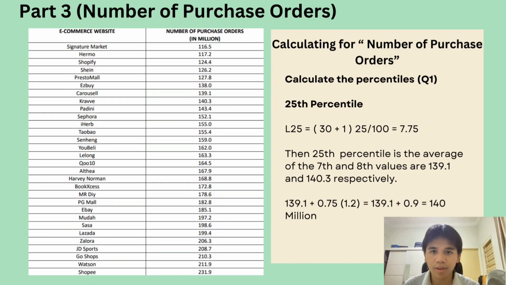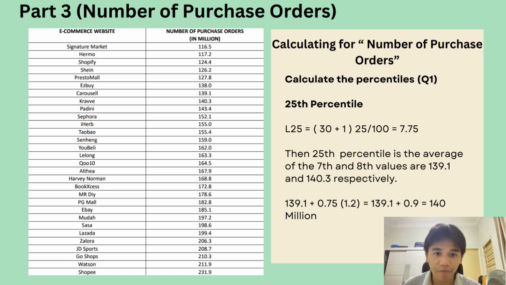Next, we're going to count the number of purchase orders. As usual, we're going to sort the information given in ascending order. So we're going to calculate the first percentile. Same formula also, 30 plus 1 times 25 over 100 equals 7.75. We're going to use the 0.75.